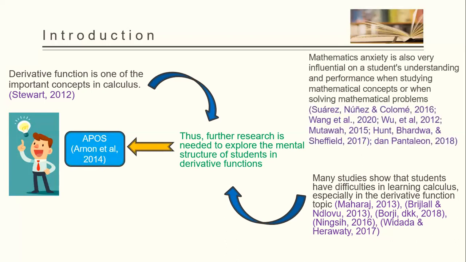From several previous studies regarding derivative function using APOS, the subjects did not consider the level of mathematical anxiety, whereas mathematical anxiety is also very influential on a person's understanding and performance when working with mathematical concepts or when solving mathematical problems. The results of previous studies showed that there was a negative effect of mathematical anxiety on arithmetic skill and mathematical performance.